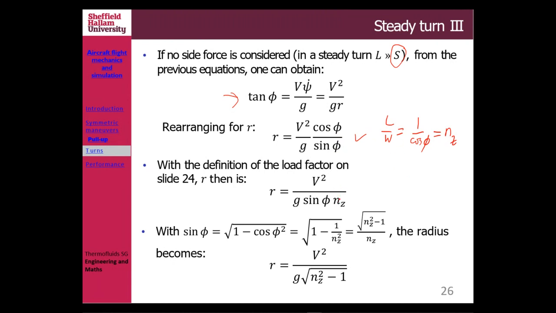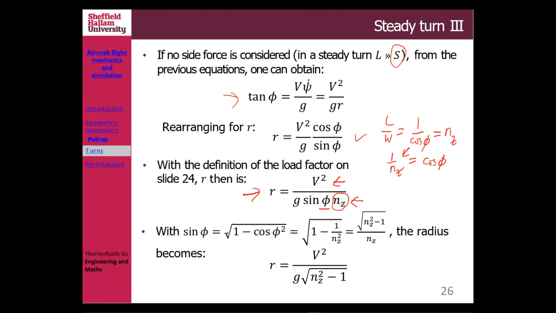Now you put that NZ at the bottom there, because 1 over NZ from this equation is cos phi, right? So if I change that cos phi with 1 over NZ, then that is your R as a function of V, the velocity, functions of the bank angle, as well as functions of your load factor or g-force.